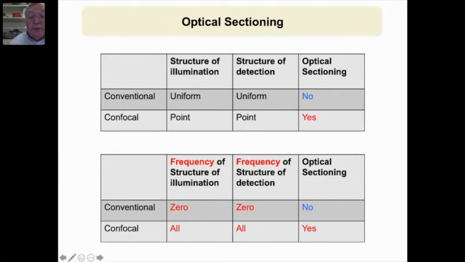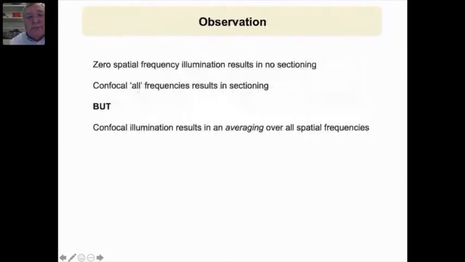Frequency of the structure of the detection is 0 in conventional, many in confocal. Confocal has sectioning, conventional does not. So the idea is 0 spatial frequency doesn't give you sectioning, all spatial frequencies do. It turns out that in the confocal, illumination results in an averaging over all spatial frequencies.